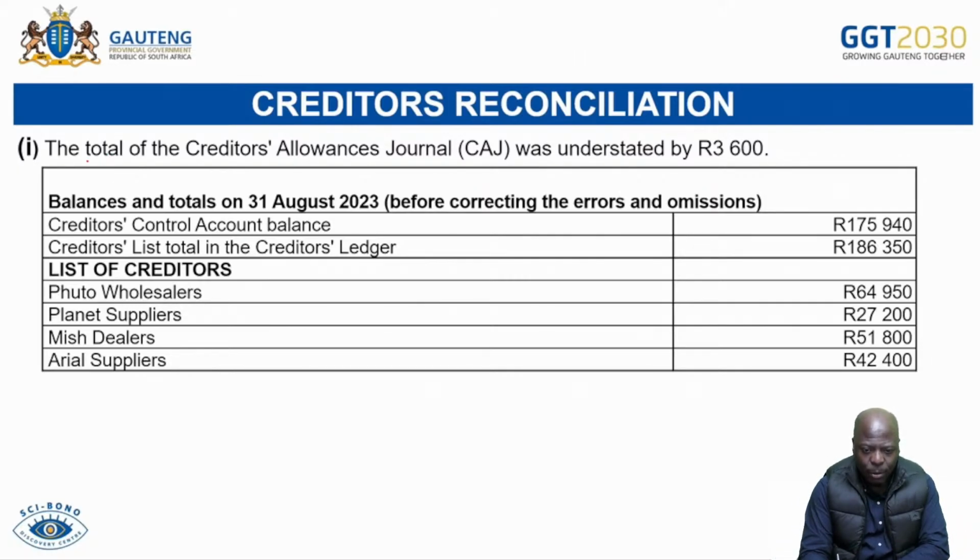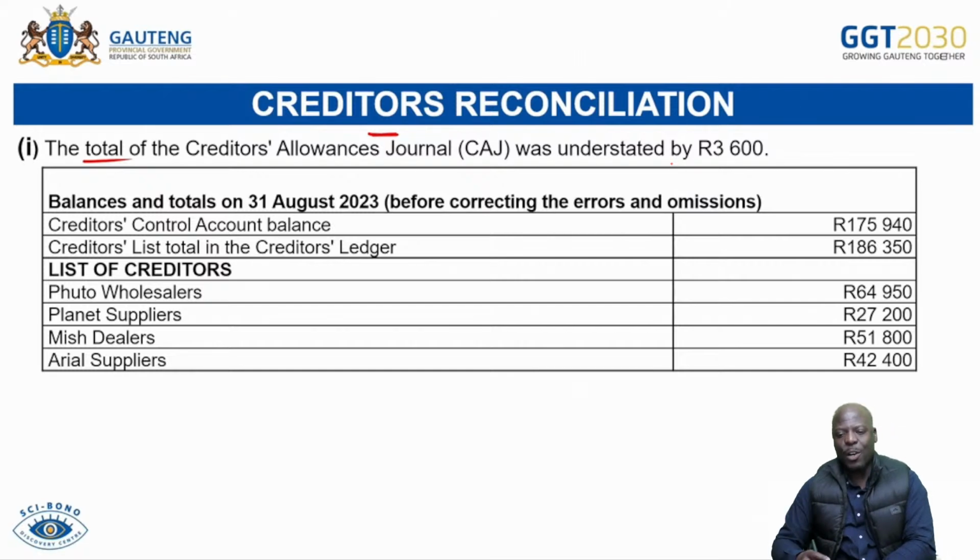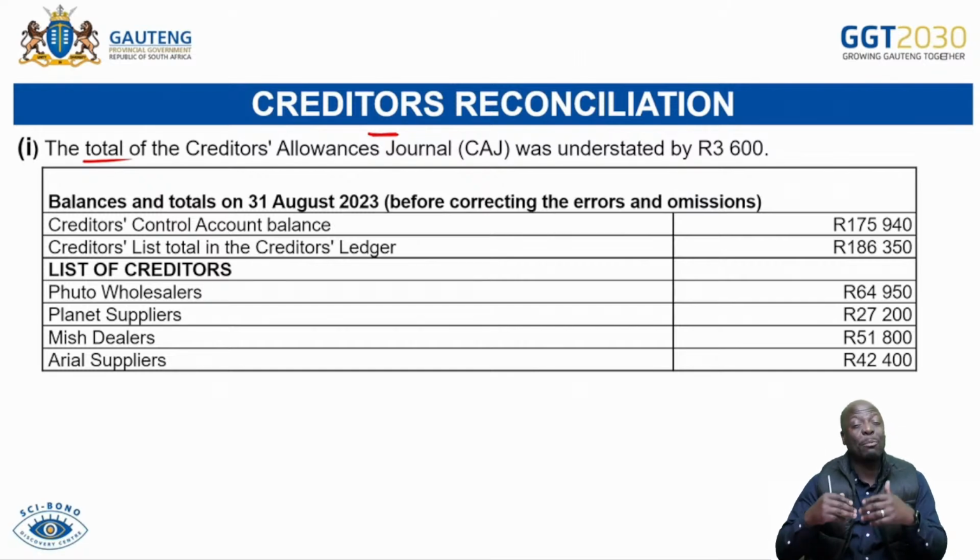The total of the creditor's allowances journal, the CAJ, if I see CAJ, in my mind I think minus, was understated by 3.6. In other words, it means we subtracted an amount which was less.